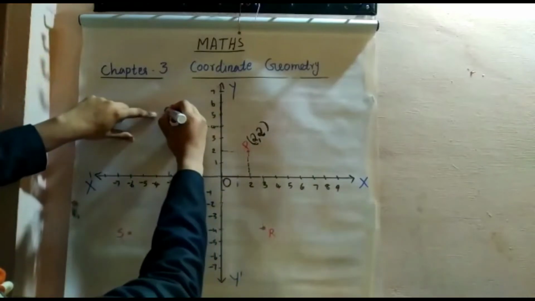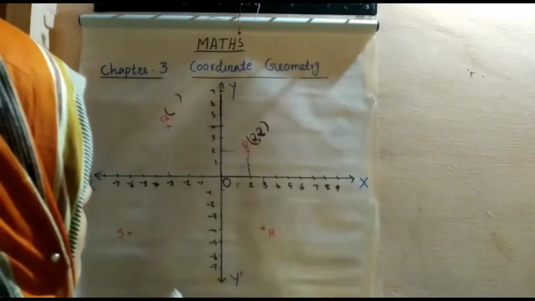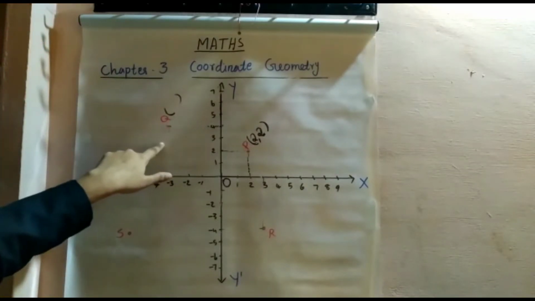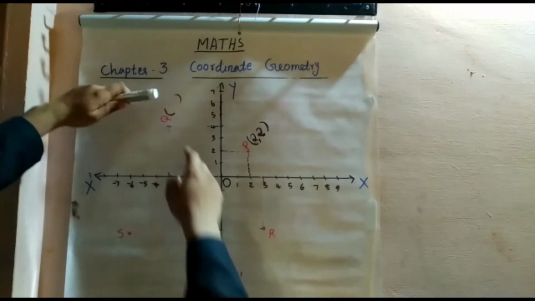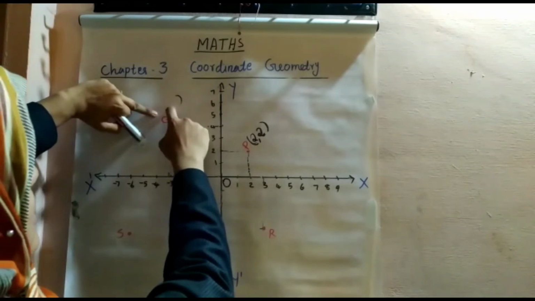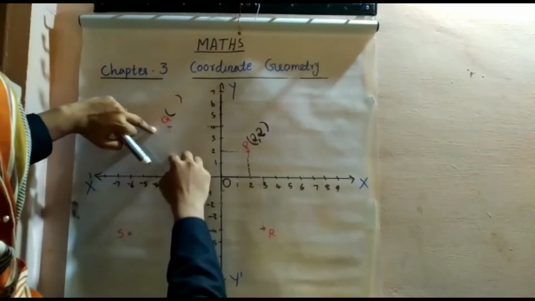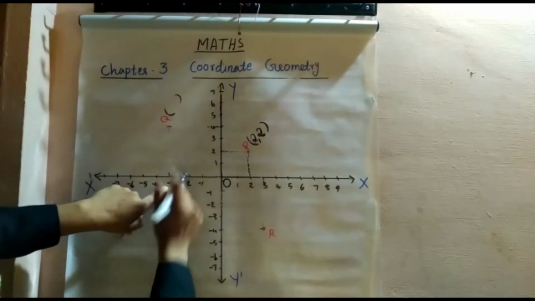Next, Q. What will be the position of Q in this plane? That means Q lies in the second quadrant. Okay, so Q is an ordered pair. First write the x coordinate value. The x coordinate means draw a line to the x axis. See, minus 3.